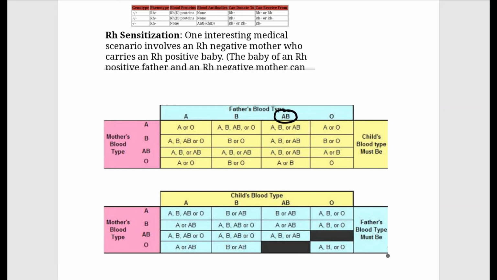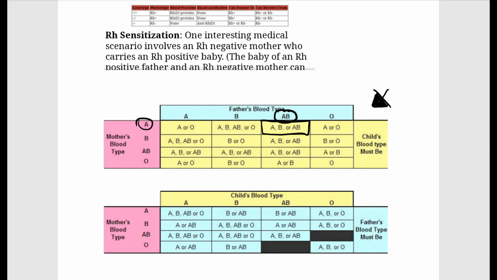Moss was an AB, regardless whether positive or negative, and the mother type was A. So that gives us those possible outcomes, and none of them show an O. So how could you memorize this table when you are in the exam, because you don't have access to it? So what can you do to find the answer quickly?